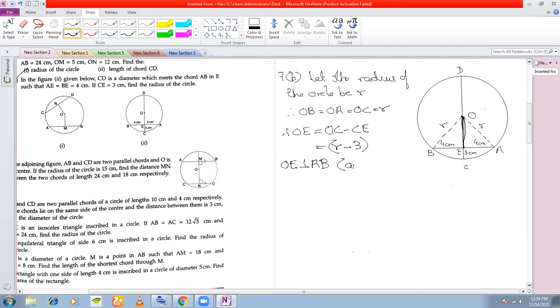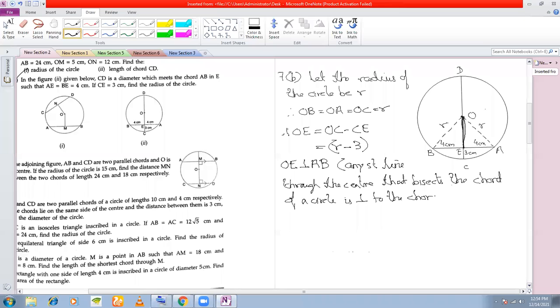Because any straight line through the center that bisects the chord of a circle is perpendicular to the chord, right? So clearly this angle is 90 degrees. So that means now we have a right angle triangle OEB, in which OB is the hypotenuse, BE is the base, OE is the perpendicular.